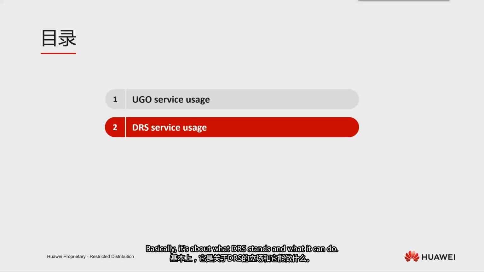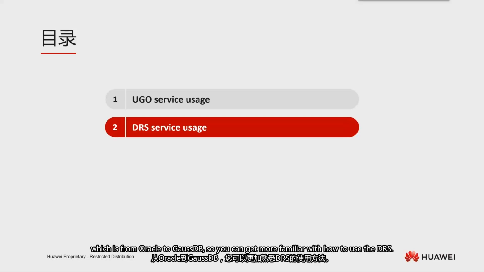Basically, it's about where DIS stands and what it can do. Then we explain how DIS works in a simple way so you can see how DIS transfers data. Finally, we will walk you through setting up a task from Oracle to GovDB so you can get more familiar with how to use DIS.